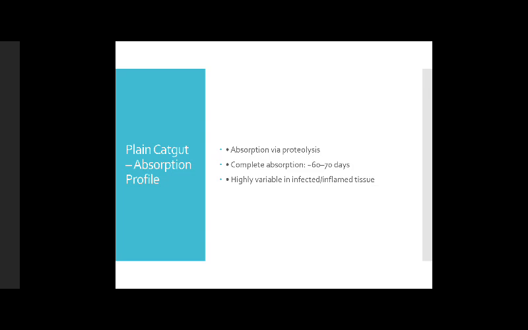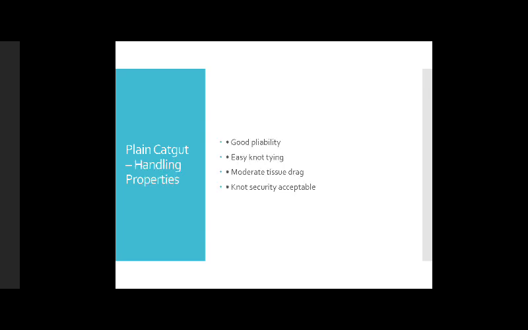Now, what is the plain catgut absorption profile? Its absorption is via proteolysis, with complete absorption in 60 to 70 days. It is highly variable in infected or inflamed tissue. Now, plain catgut handling properties.